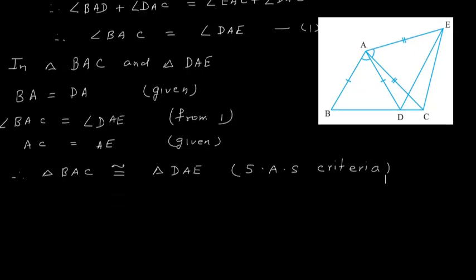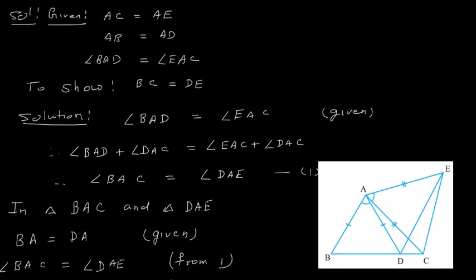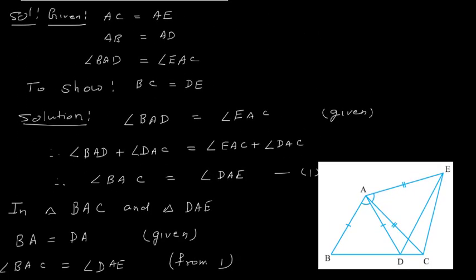Okay, after that I will say that therefore this side BC of this triangle will be equal to side DE of this triangle. The reason is they are corresponding parts of congruent triangles, CPCT. So this is our sixth problem we have done.